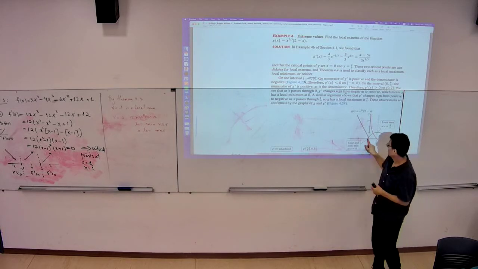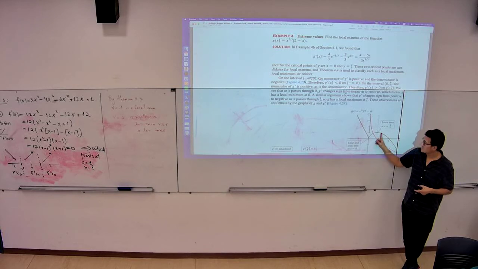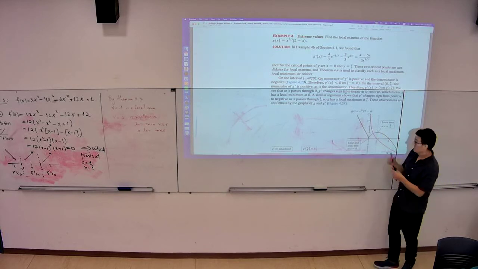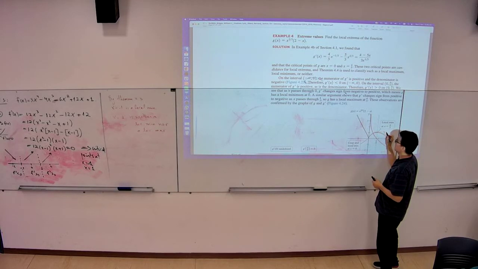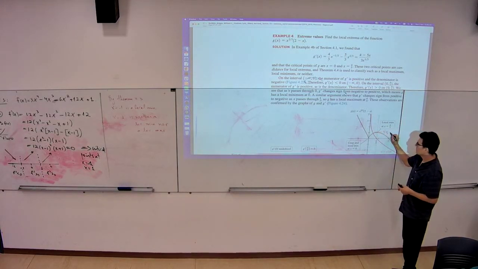Now, this is the plot we obtained last class. At 0, the derivative is not defined. At x equals 4/5, down here, the derivative is 0. See, g prime of 4/5 is equal to 0. So the function is flat at that point.